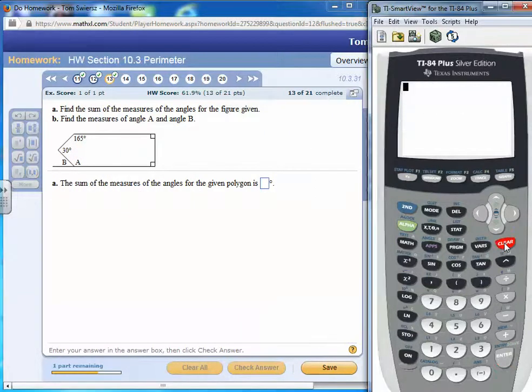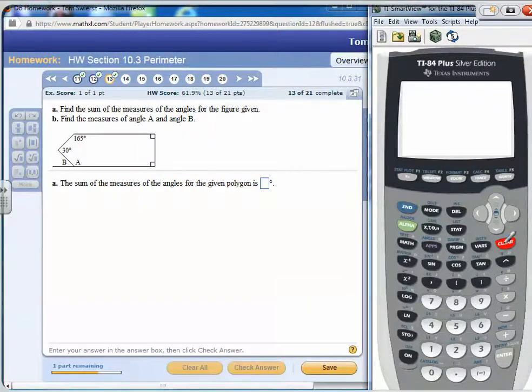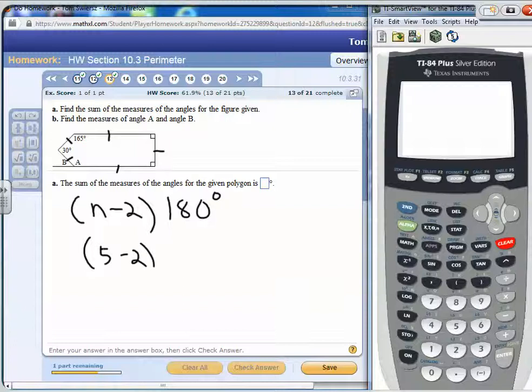Okay, let's do homework exercise number 13. We've got, find the sum of the measure of the angles of the given figure. Okay, we've got a 1, 2, 3, 4, 5-sided figure. So again, the sum of all interior angles is the number of sides minus 2 times 180. It's a pentagon, 5-sided.